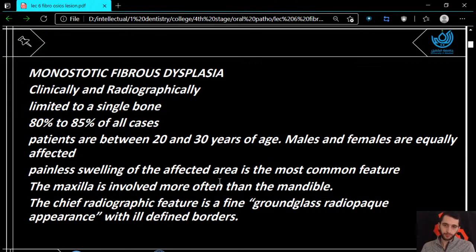Monostotic fibrous dysplasia, unlike the polyostotic or Albright syndrome, which we already discussed, causes macular pigmentation, is also polyostotic, while there is endocrine dysplasia or endocrine abnormality.